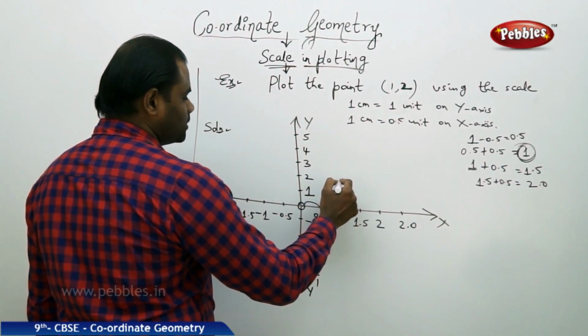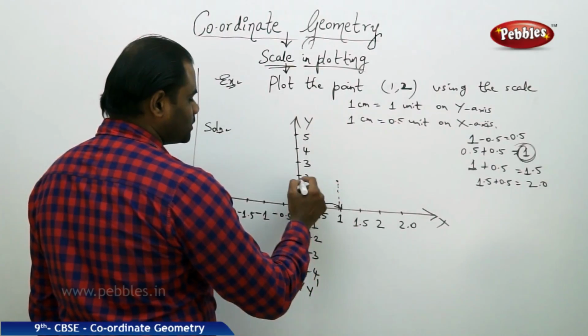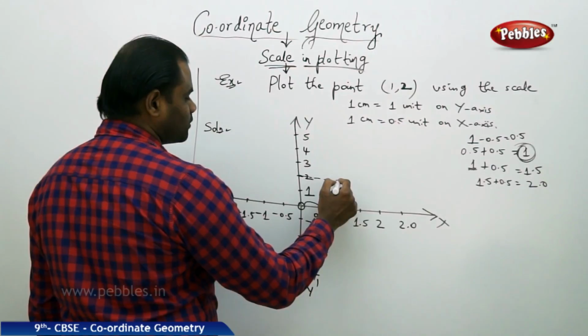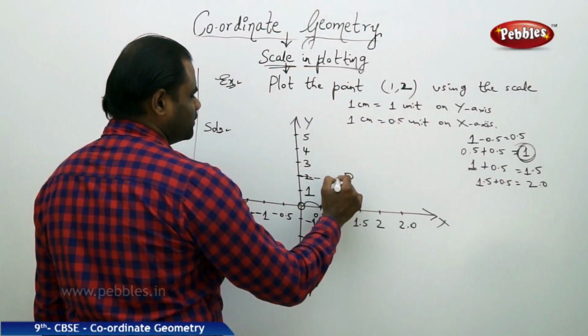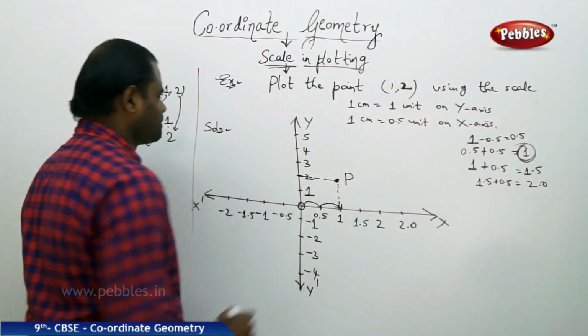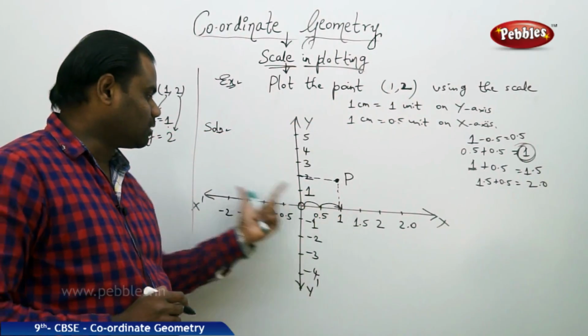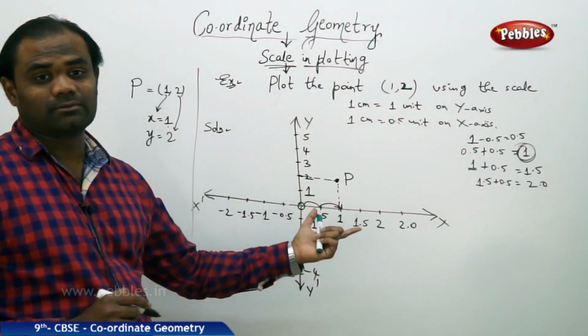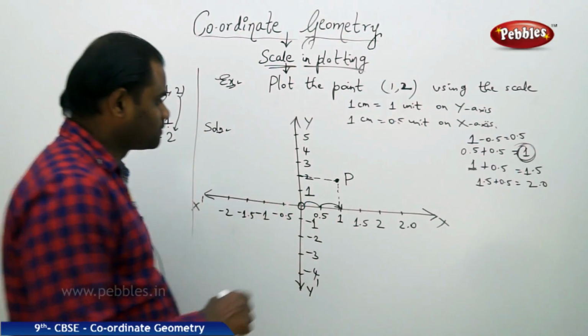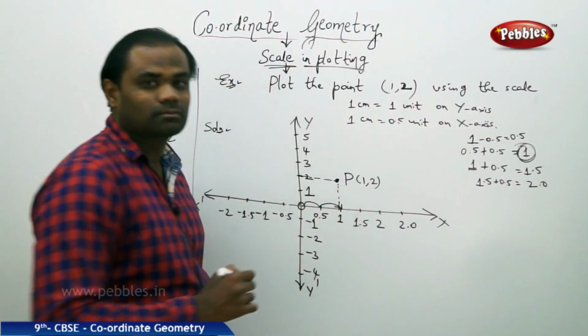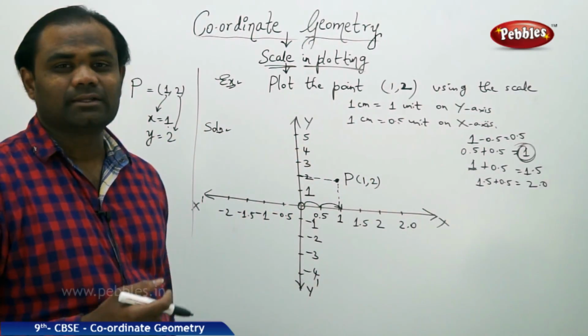So I get the point to be here, which is 1 unit and 2 units to this, and therefore I get the point P, which is exactly out here. So this is my point (1, 2), depending on the scale as given respectively for x and y axis.